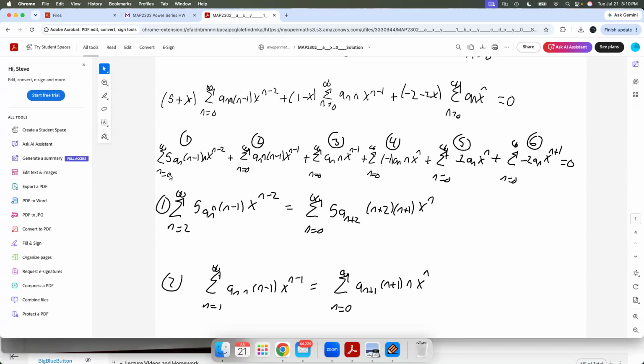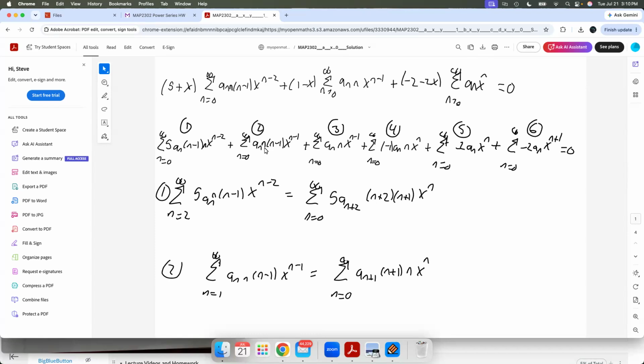If I plug in n equals 2 here, the first one that counted, I get, excuse me, a2 times 1 times 2 times x to the 0. If I plug in n equals 0 here, I get a2 times 2 times 1 times x to the 0. I get exactly the same thing. These are the same. Okay.